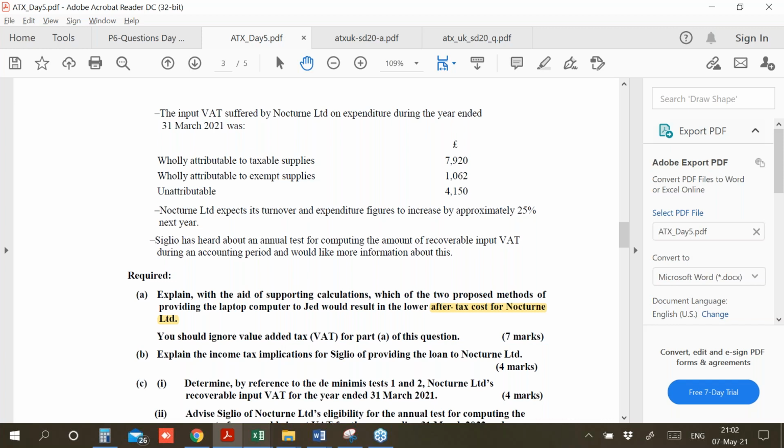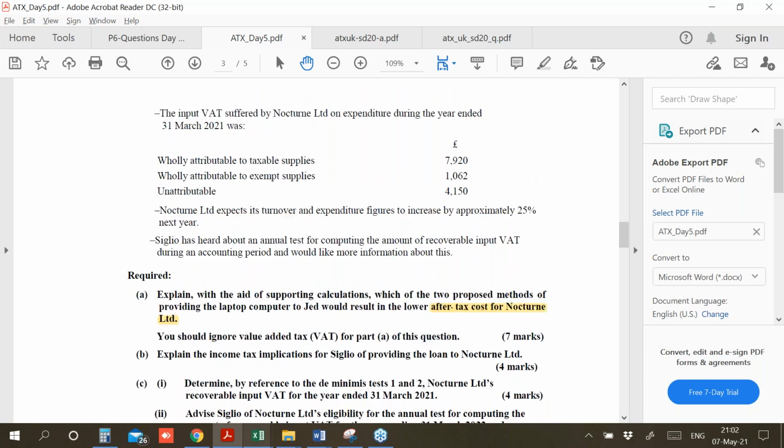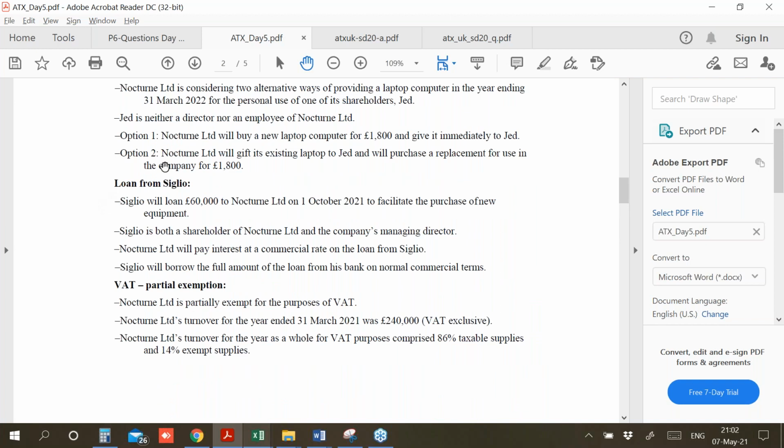Now, moving on, explain the tax implications of Siglo providing a loan to the Nocturne Limited. So let's read about the loan. Loan from Siglo: Siglo will loan 60,000 to Nocturne Limited on 1st October 2021 to facilitate the purchase of new equipment.